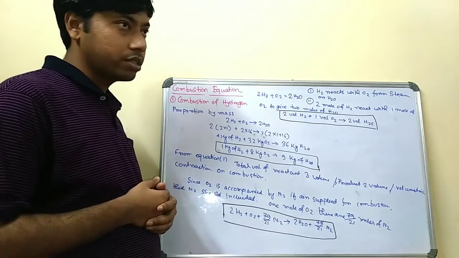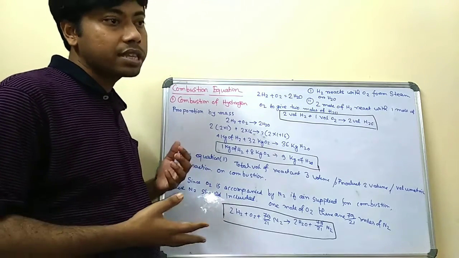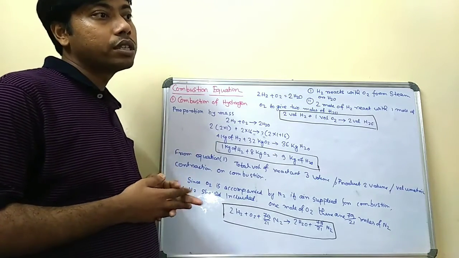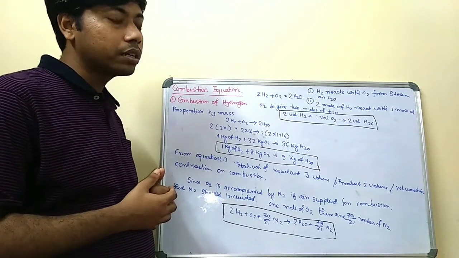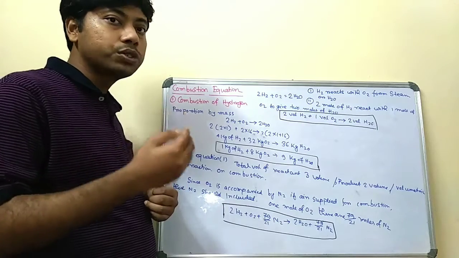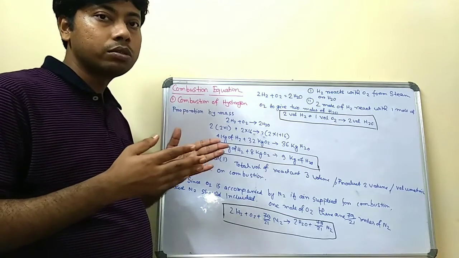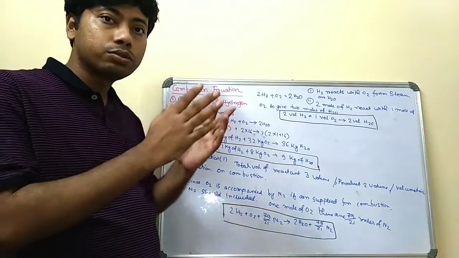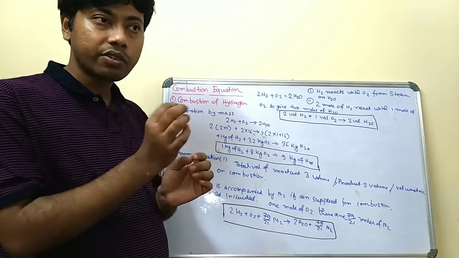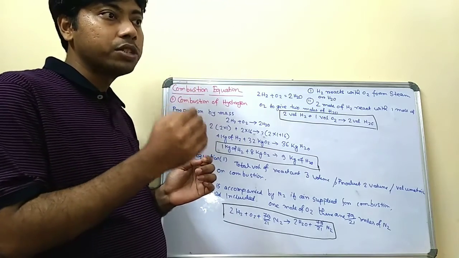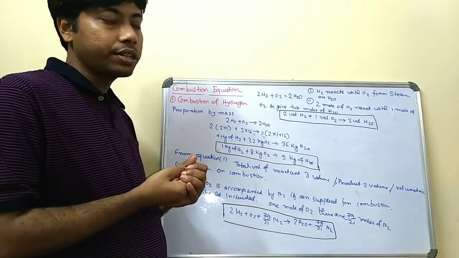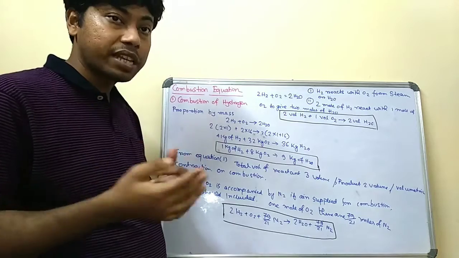Combustion takes place when the proportionate amount of fuel and air is passed through a combustion chamber, and at some point the ignition starts by means of an igniter. Then combustion takes place.